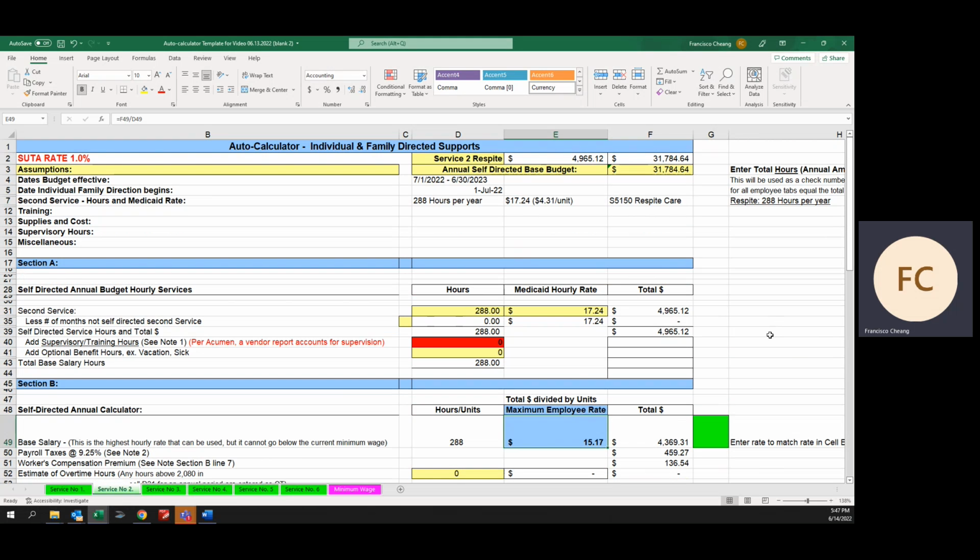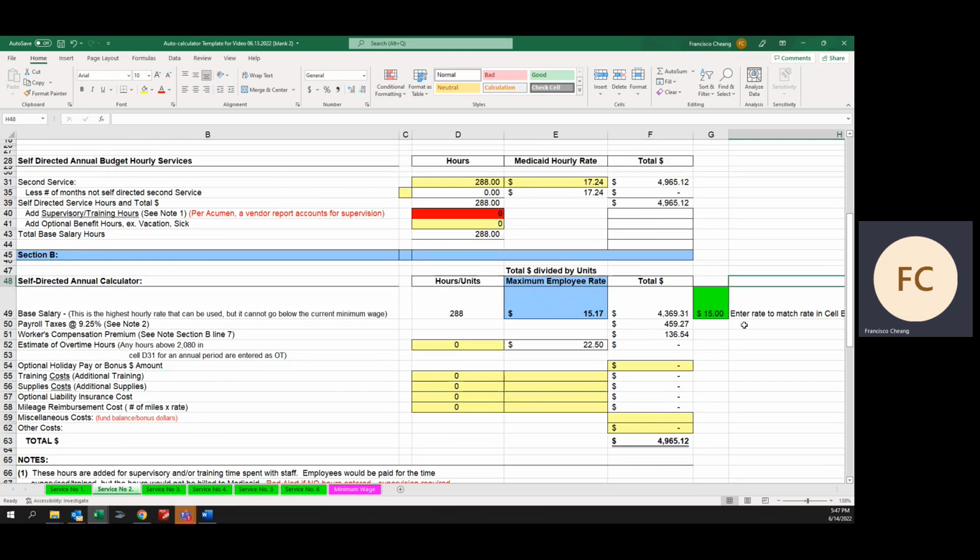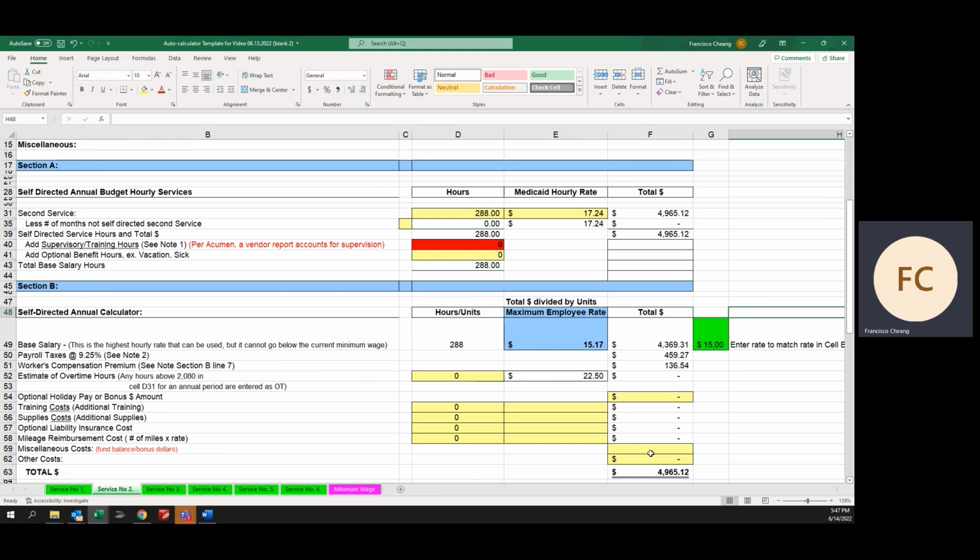So again, for the respite in this particular scenario, we have chosen to pay the staff $15 per hour. Okay, so now we want to figure out what's going to be our fund balance for the year if we're paying $15 per hour billing at this rate.